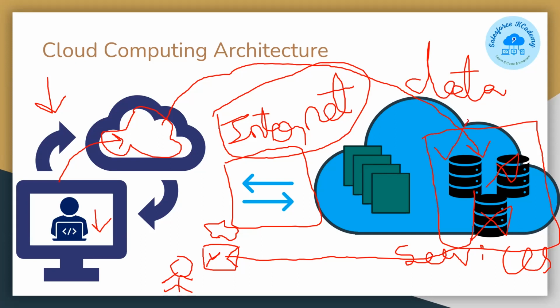Let us say like in your phone, you have only one phone, you have one important video, and that video is stored only on your mobile. If you lost your mobile, or if your mobile is there with you but it is damaged, can you access that photo or video? No.